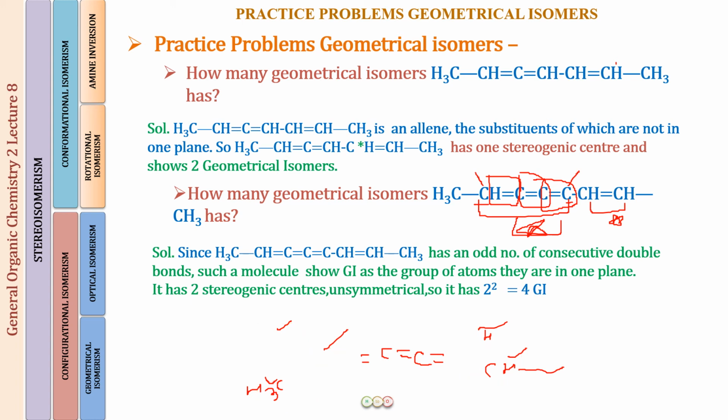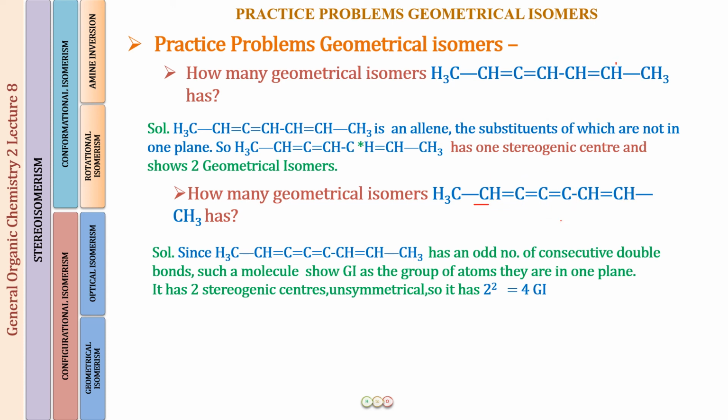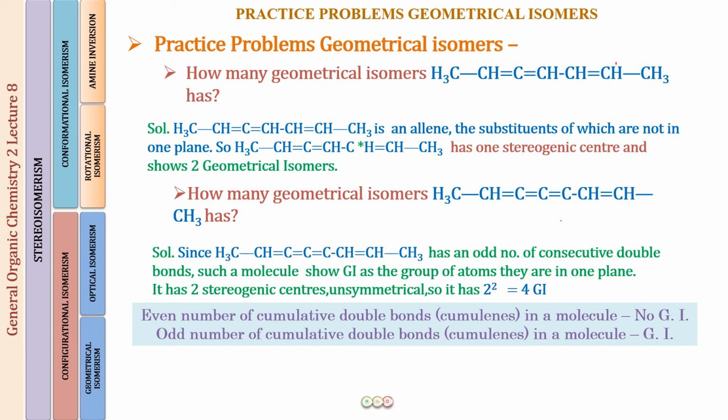All right, and the next is the other double bond. So in total we will be having two stereogenic centers, and because the molecule is an unsymmetrical molecule, it is going to be 2 to the power 2. Therefore 4 geometrical isomers are possible for this compound. All right, so please do remember this. This is very important. Now, when we have three consecutive bonds, it is going to be an odd number of bonds.